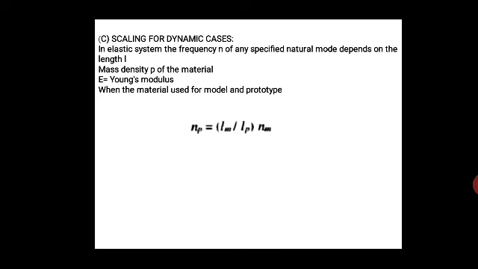In most general cases for a dimensionally homogeneous equation, the variables are dependent upon the natural frequencies n as well as the lengths, which leads to what is called the law of frequency.